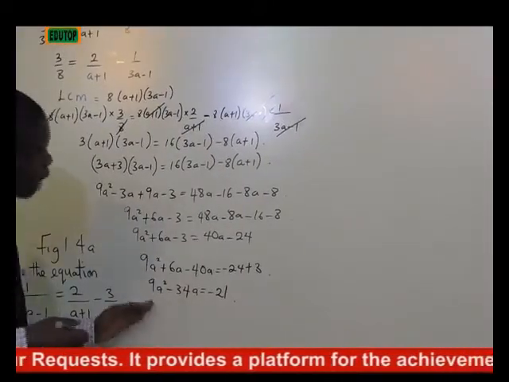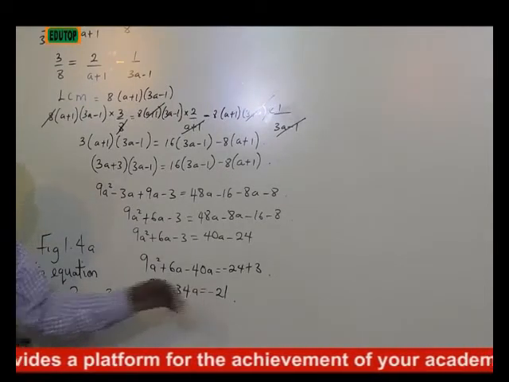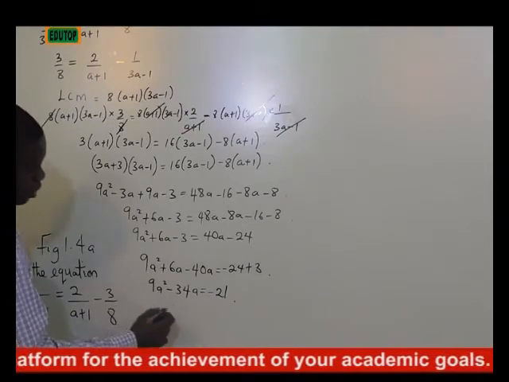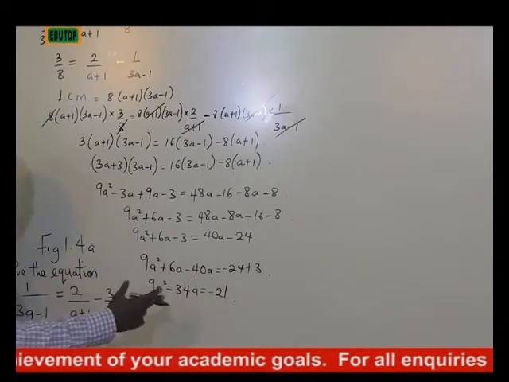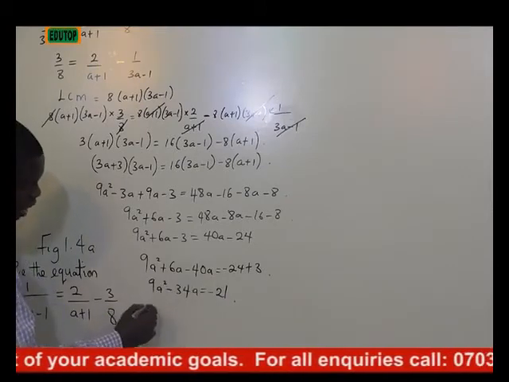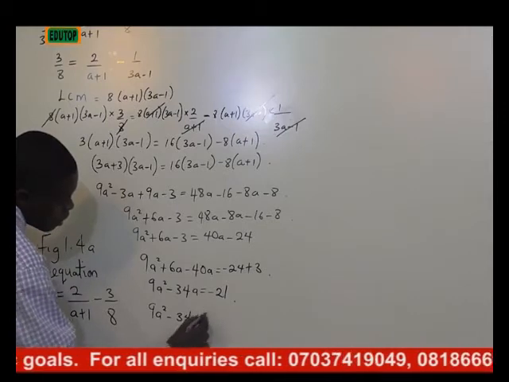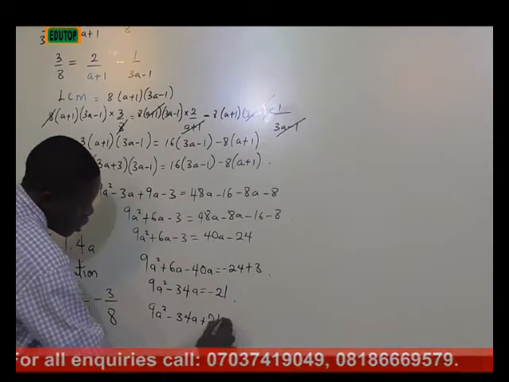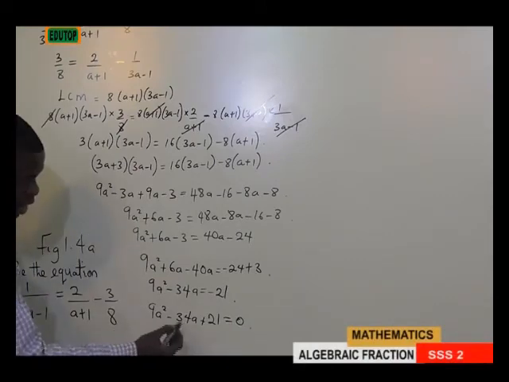So at this point we have 9a squared minus 34a minus 21. Then this is looking more or less like a quadratic equation. So I bring this to the other side. I have 9a squared minus 34a plus 21 equal to 0. Here, this is now a quadratic equation.